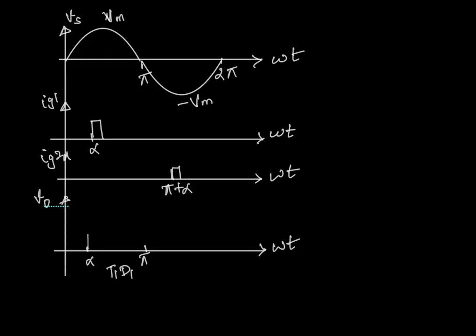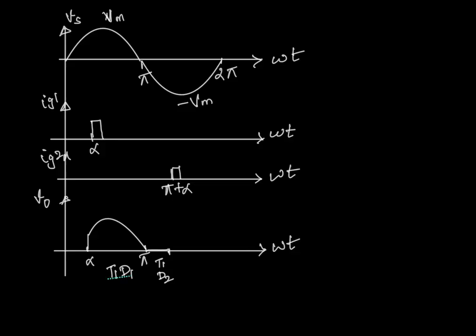The output voltage will be the same as the input voltage Vs, and from pi to pi plus alpha, we have T1 and D2 conducting, which is nothing but the freewheeling interval, and at that time the output voltage is 0.